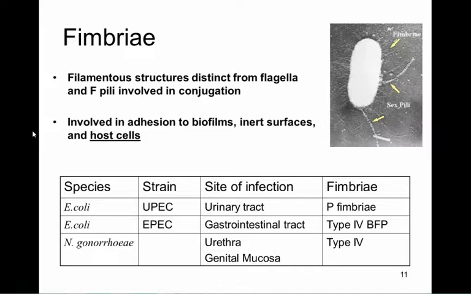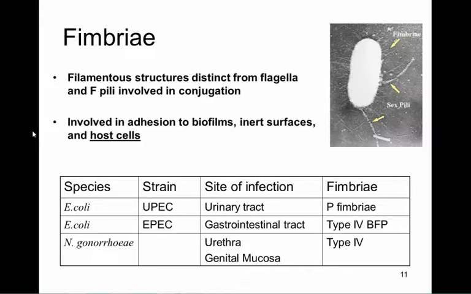And depending on which adhesin is expressed, this can be an important determinant of the tissue that can be colonized by these bacteria. Okay, so Escherichia coli can cause a variety of gastrointestinal infections and can also cause urinary tract infections.